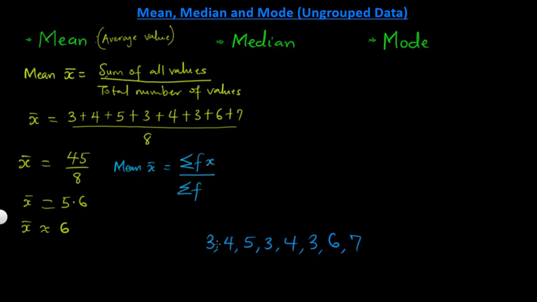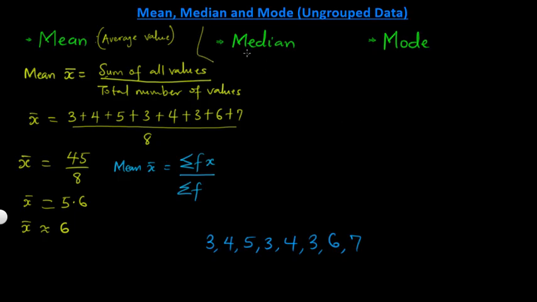That is, if you design this in a table, how many 3s do we have here? 1, 2, 3. So the frequency of 3 is 3. The frequency of 4 here is 2. When you multiply the score and its frequency, the total sum of it divided by the total sum of the frequencies is the same thing as what we have done here. So this is the formula for this.